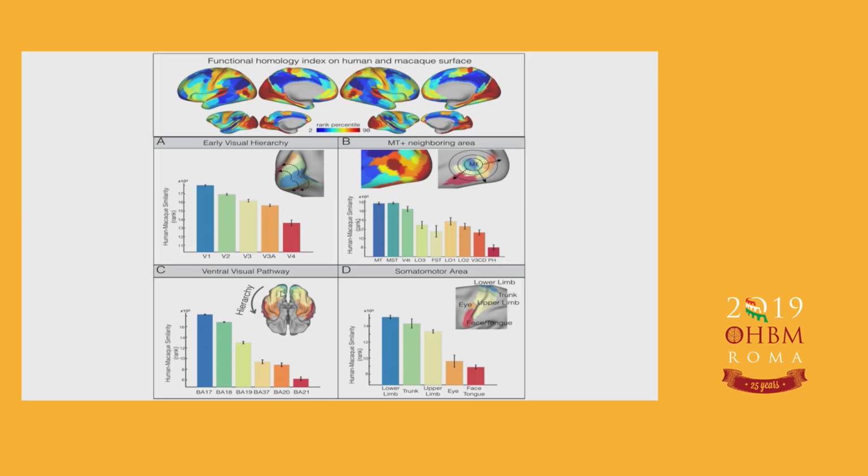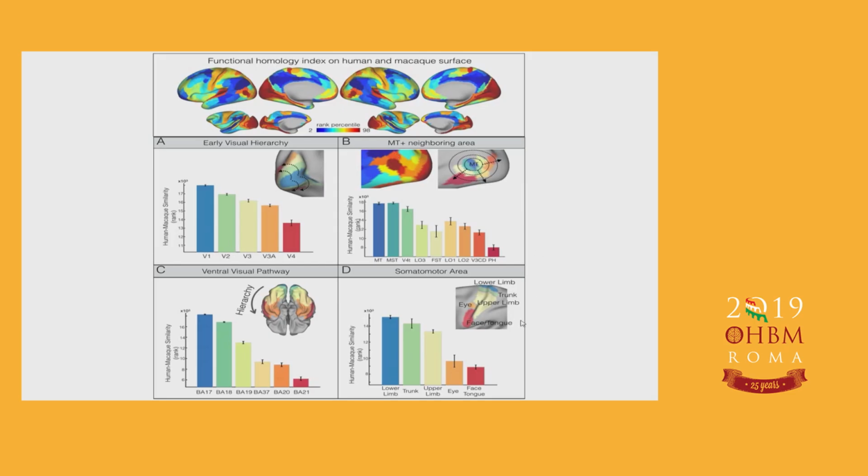So for the early visual hierarchy, ventral visual hierarchy, and MT regions, the x-axis is ordered by the distance from the anchored region, V1 or MT, to the far neighboring regions. So you see the homology index shows this hierarchy consistent with the early visual, ventral visual, and the distance to MT very well.